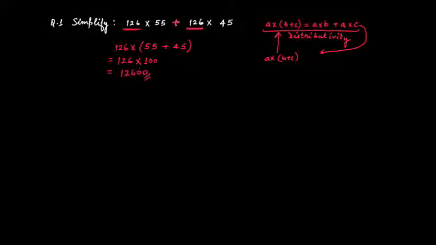Let's take one more example, another question on the same property of distributivity. Whenever you find that you have a common number at both places, you use the distributivity property of whole numbers.